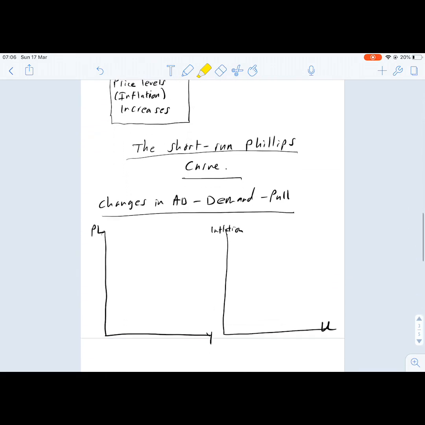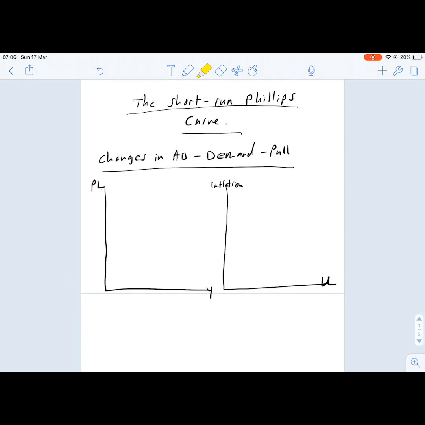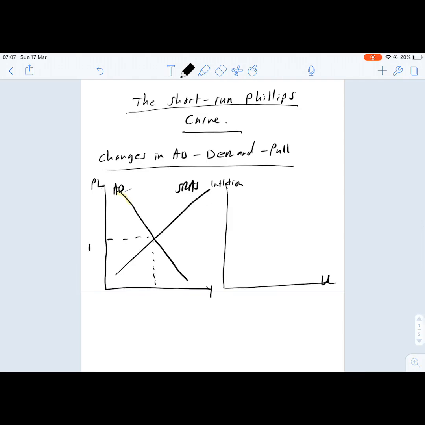Okay, and let's have a look at the Phillips curve now then. So this Phillips curve is going to be for demand pull inflation. On the left hand side we draw our ADAS diagram. So AD, short run aggregate supply, P1Y1, let's label all of these 1. Now if we take this across to our short run Phillips curve diagram, we could say this is at our 2% target rate of inflation in the UK.